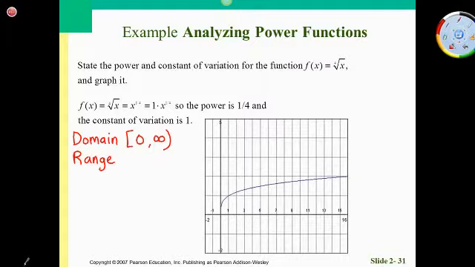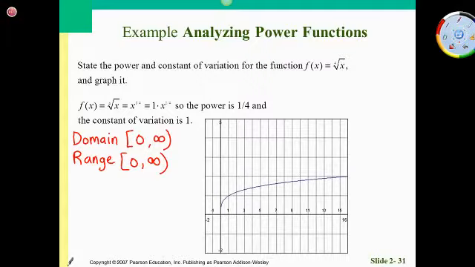What's the fourth root of 0? 0. Okay. Then we already talked about how the constant of variation is 1. That's up there in the problem. Hopefully you wrote that down. Power is 1/4. Constant of variation is 1.